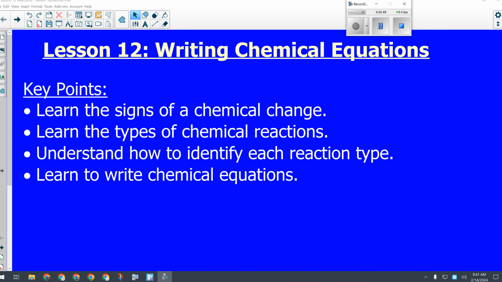Now, according to Dalton, when a chemical reaction occurs, atoms are separated, joined, or rearranged.